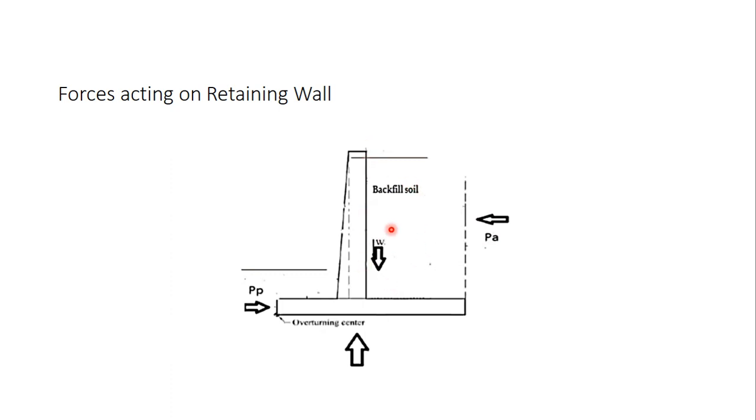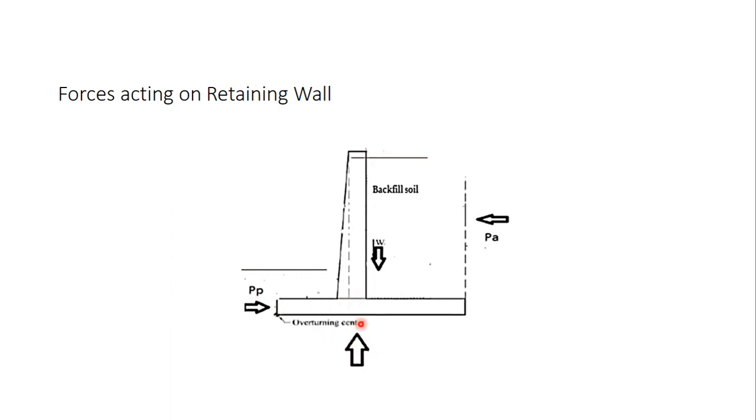This soil has also got a weight of its own, which is denoted by W, and it is acting in the downward direction. The soil near the toe slab will be exerting a passive earth pressure, which is denoted by PP. Now this passive earth pressure is very less as compared to the active earth pressure, because the amount of soil on the toe slab is very less, right?